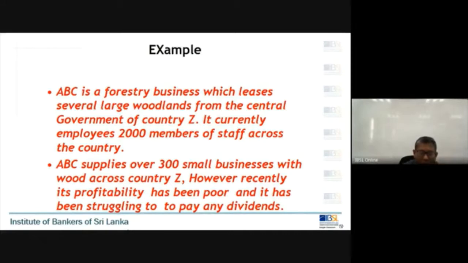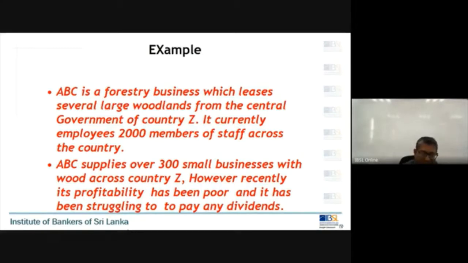Now, I'm talking about a company involved in the forestry business. So you have a large portion of land from the central government of the country, is it? It has around 2,000 employees across the country.